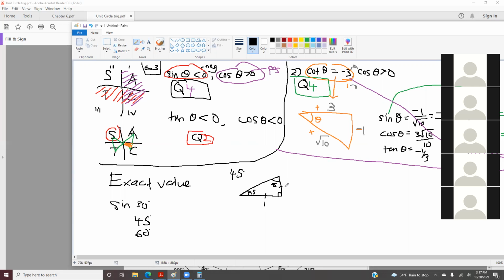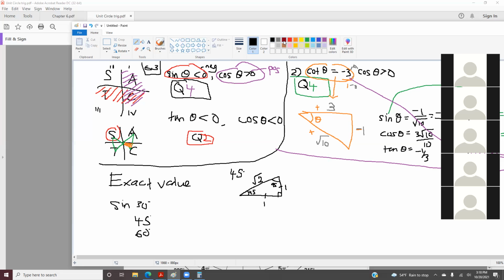I'm going to put this as 1 and 1 because they are the same equal length. So the hypotenuse in this case will be square root of 2. The reason why I use 1 and 1 is because that's the smallest number we can have. You can use 2, 2, but you have to use the same value, because isosceles means the same length. So this one is 1 squared plus 1 squared, that's why it's 2.